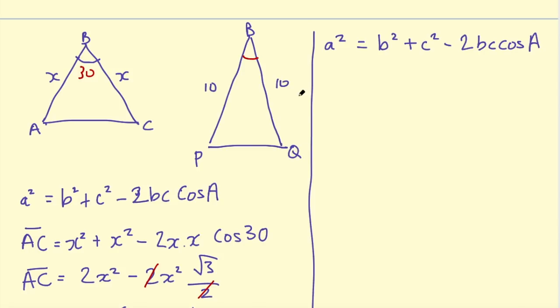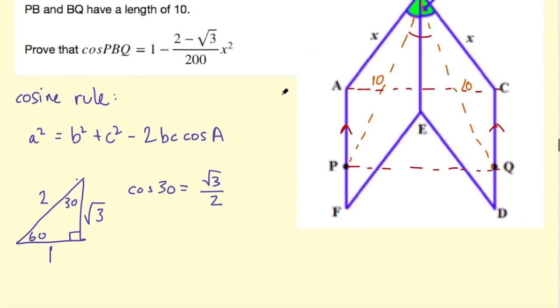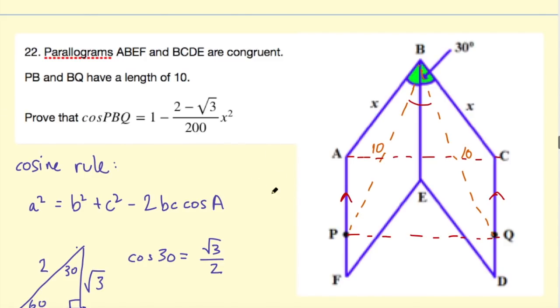So when we're using the cosine rule for this triangle, A is going to be PQ, so PQ squared equals, now I know these side lengths are going to be 10, so B is 10 and C is 10, and then I've got two lots of 10 times 10, and then cosine of A is cosine PBQ. Okay, so I've got that cosine PBQ, and that's what is going to come up in my proof, so that's a good sign.